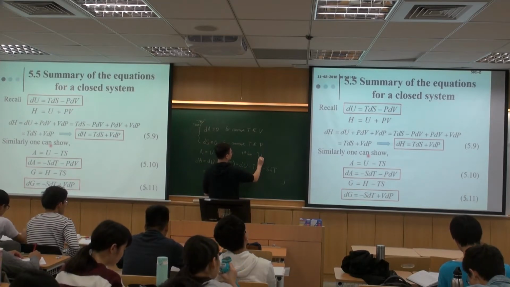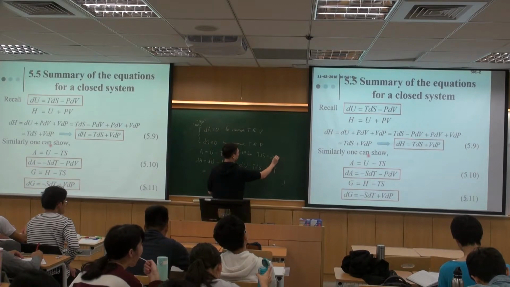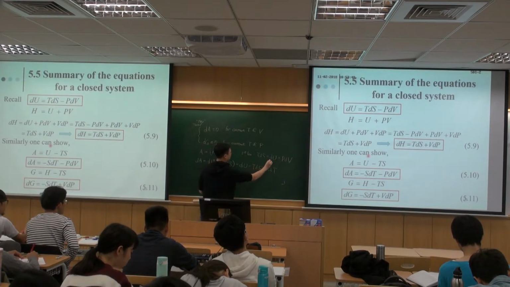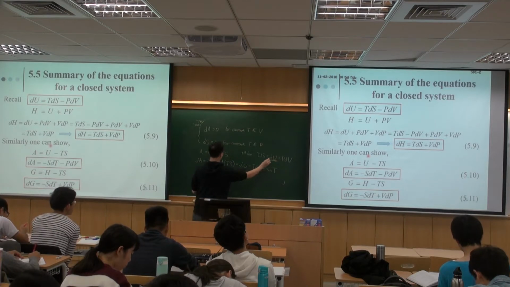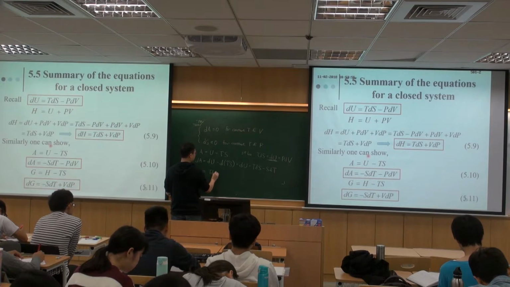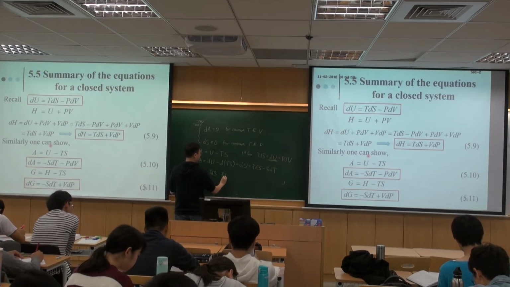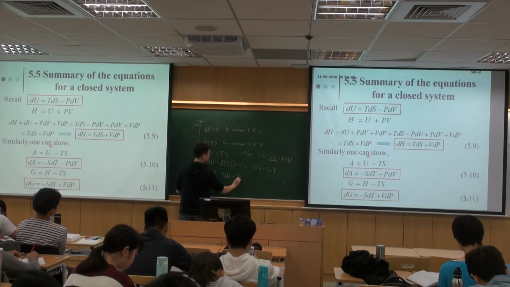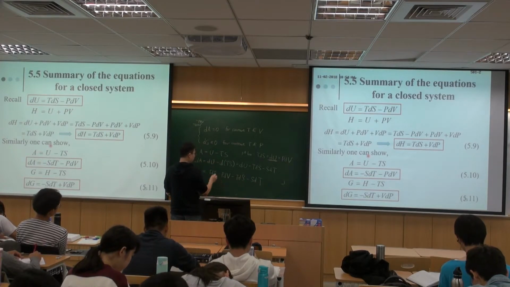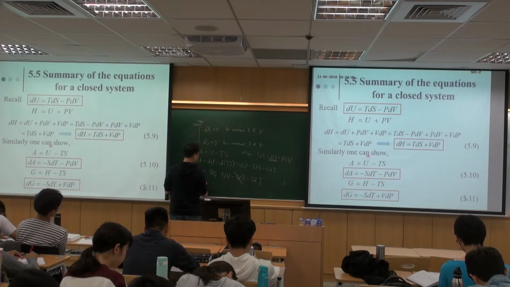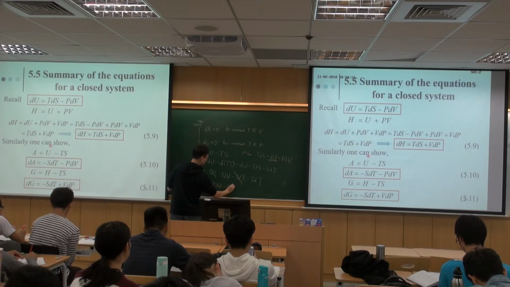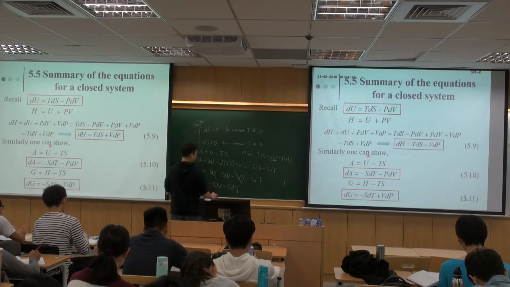Something like this. So we know the expression for dU. dU is TdS minus PdV. And so this is fairly straightforward. You have these 2 terms cancel out. Okay.